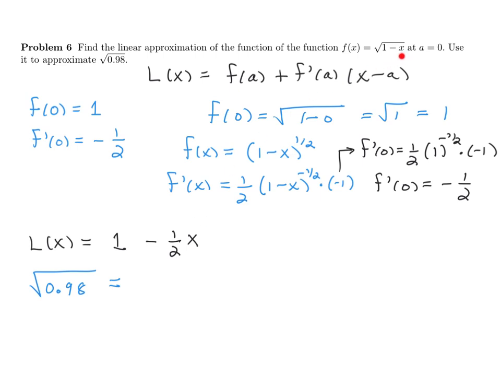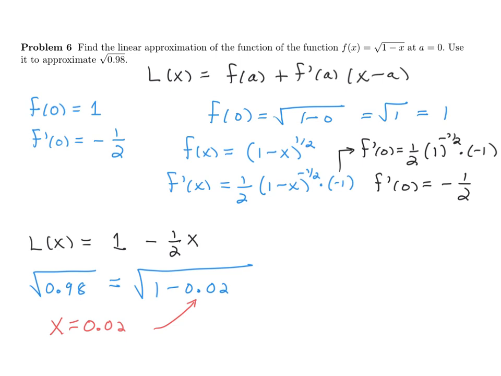You have to think about what number you'd put in place of x here, so 1 minus x looks like 0.98. And what number is that? 0.02. If you subtract 0.02 from 1, you certainly get this number here. The reason I'm writing it this way is because it is this value that I'm going to use for x, 0.02.